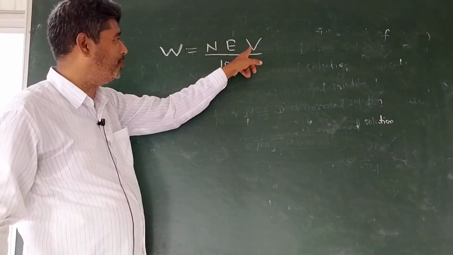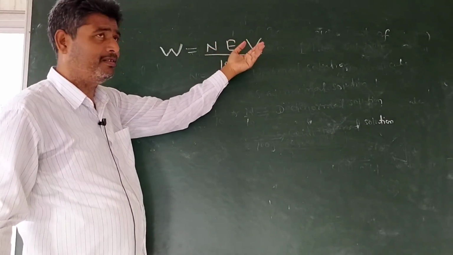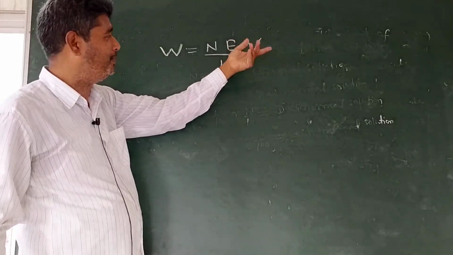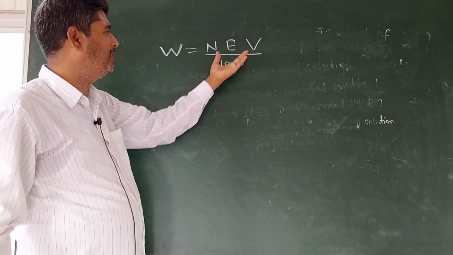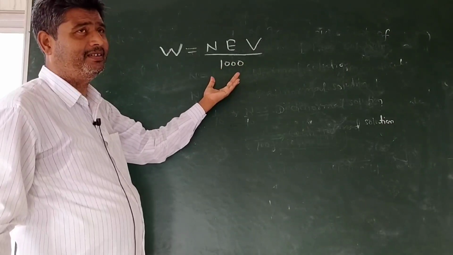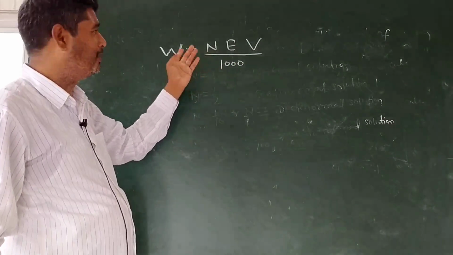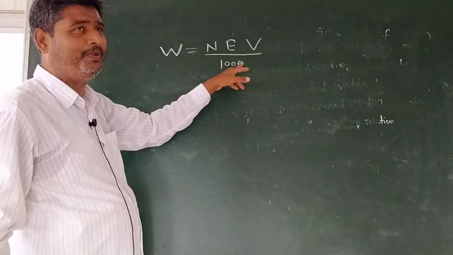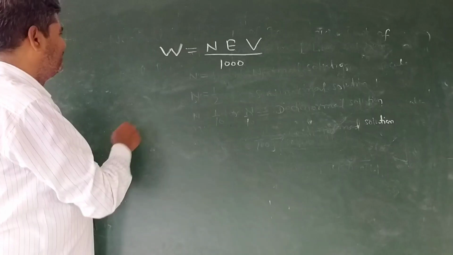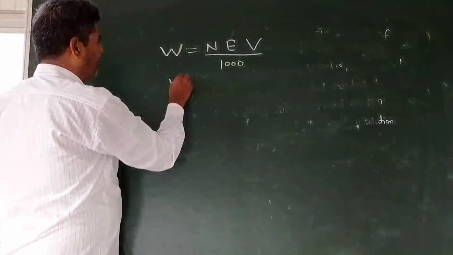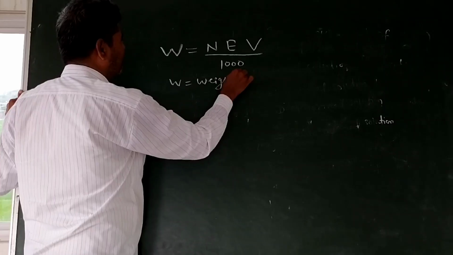Because if given volume is in milliliter, then to convert that milliliter into liter, it is divided by 1000. 1 liter contains 1000 milliliter. The W means weight, that is mass of solute.